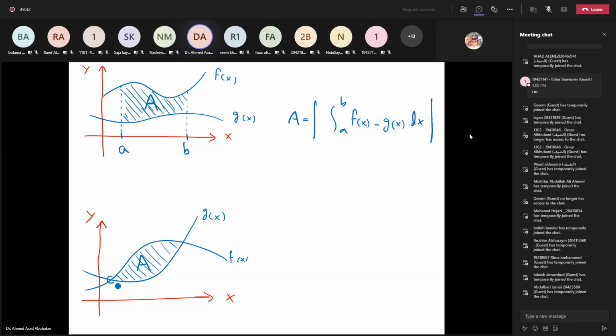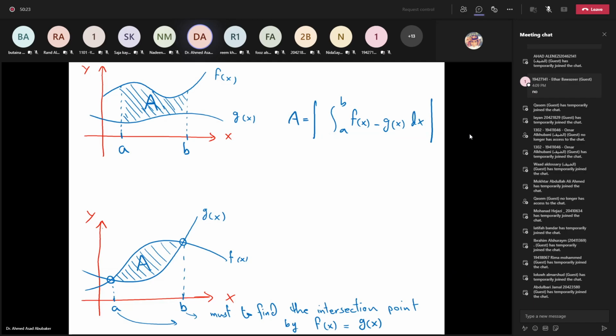We must determine the intersection points A and B. We must find the intersection point by putting f of x equal to g of x.